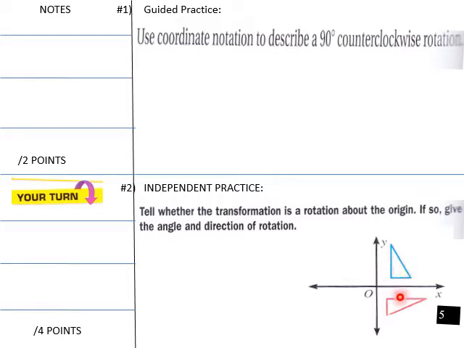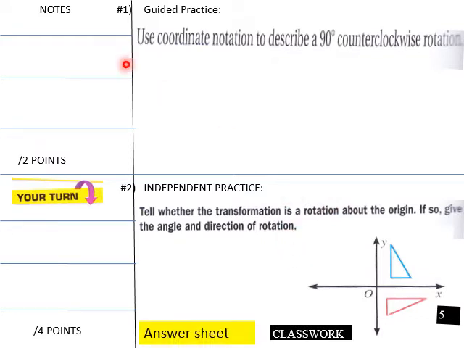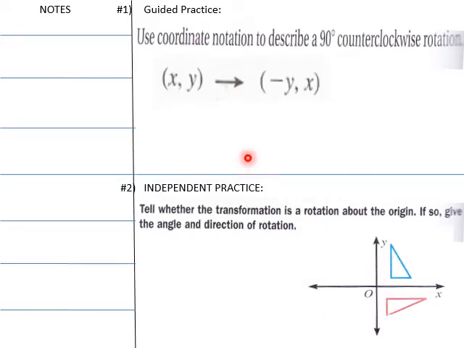Here's the original, then this will be your image here. Tell us if that's a rotation. Okay, for our guided practice up here, it'd be (x, y) and then (-y, x), because it would be a coordinate notation to describe a 90 degree counterclockwise rotation. So we would be moving in a counterclockwise position.